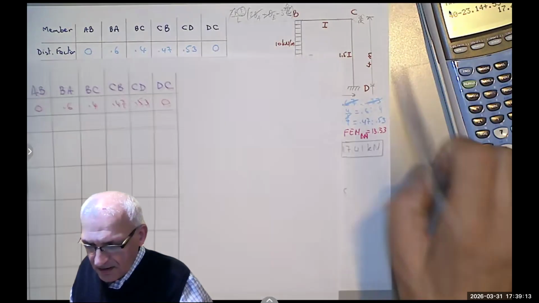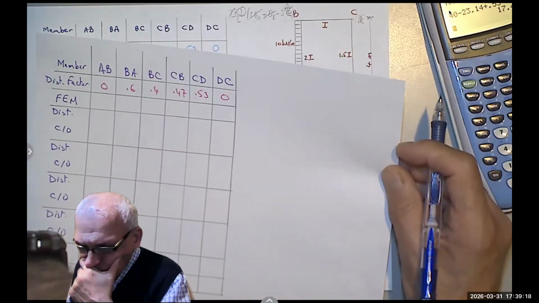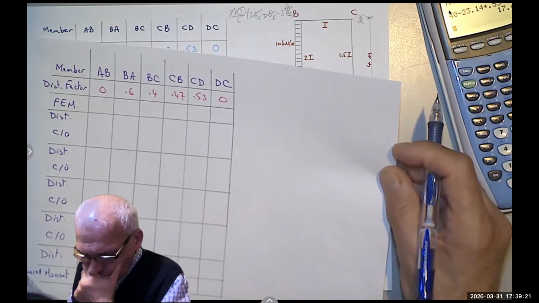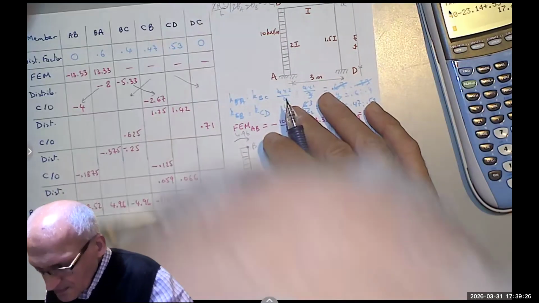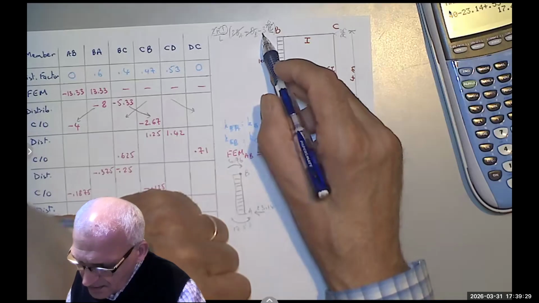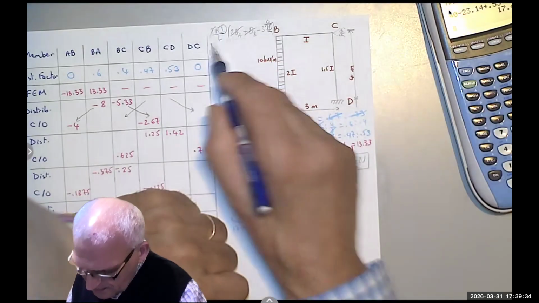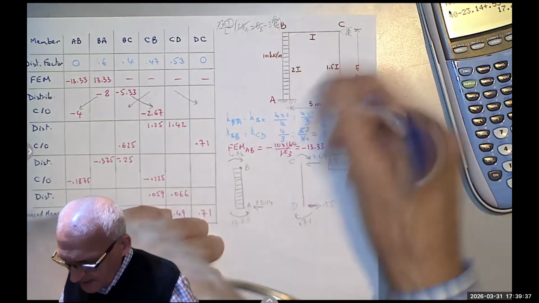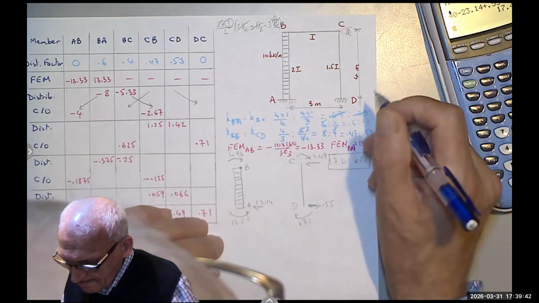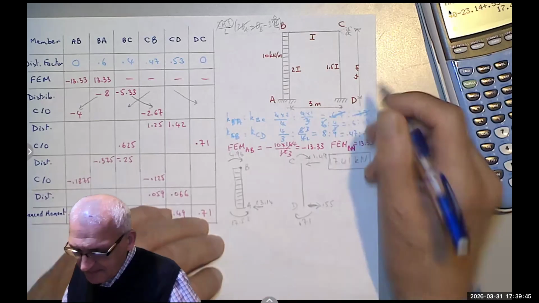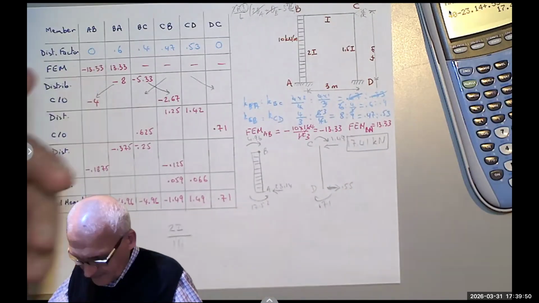So here, what is the ratio? It's the same L. So it's the ratio of 2 to 1.5. That's all.